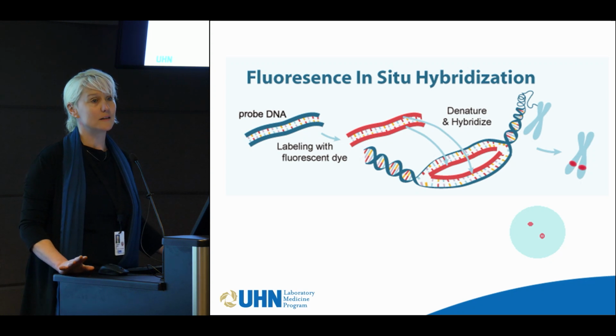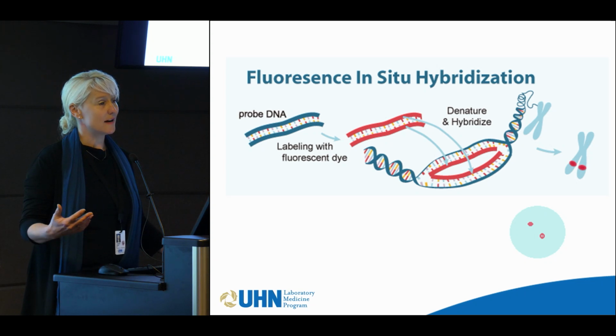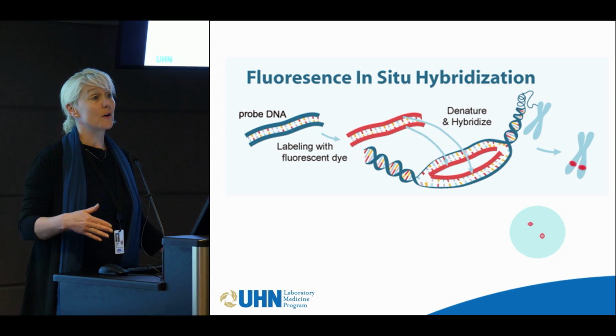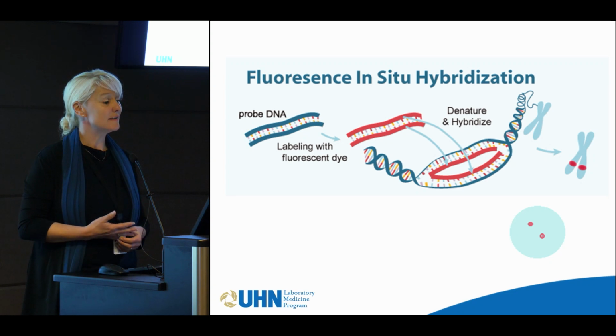There's 4 colors we usually use: red, green, yellow, orange, and aqua. You hybridize using heat and chemicals and pH. You can denature both your probe and your target DNA, and these are usually done on slides.